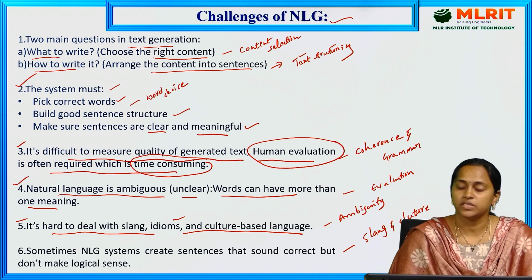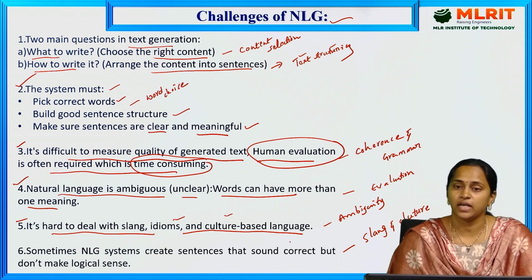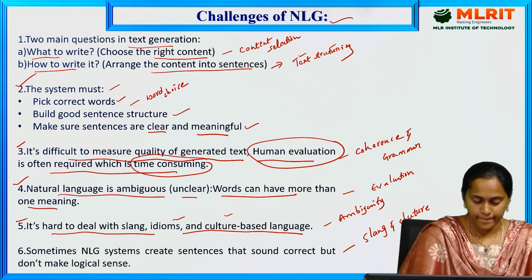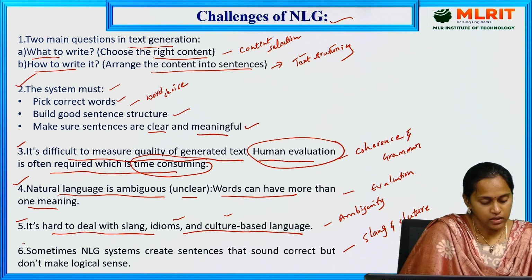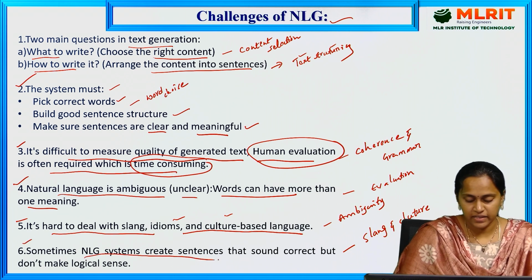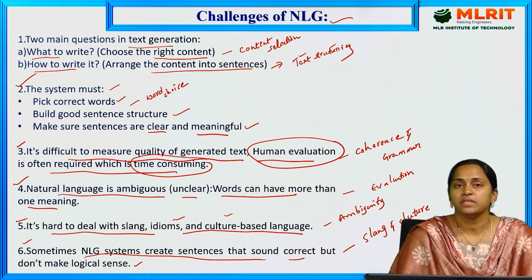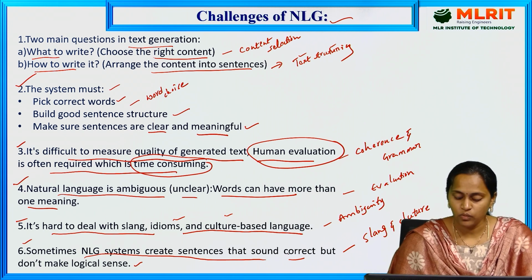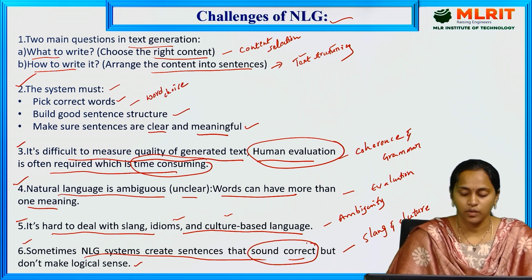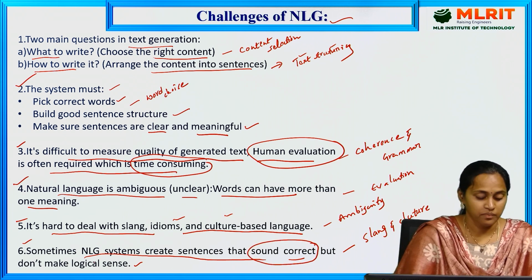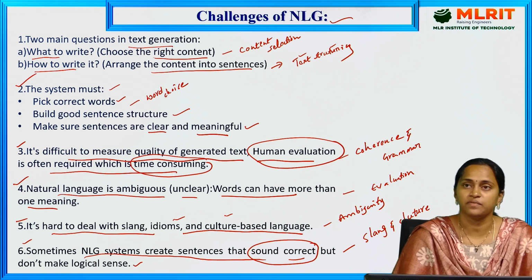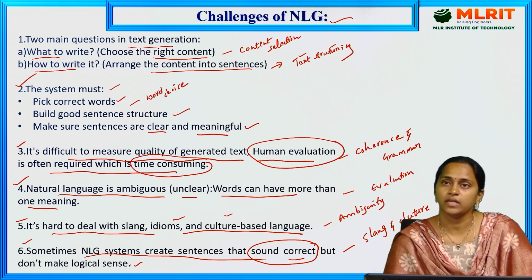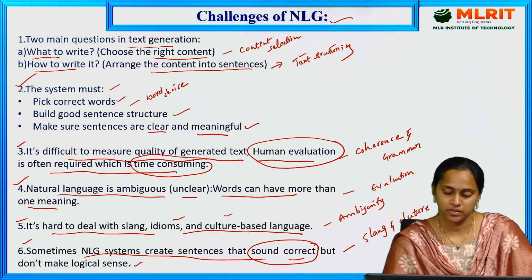This is one of the main challenges in NLG. The last one: sometimes NLG systems create sentences that sound correct but don't make logical sense. The pronunciation is the same, but the logical sense is different, and in real-time applications the logical sense may change.